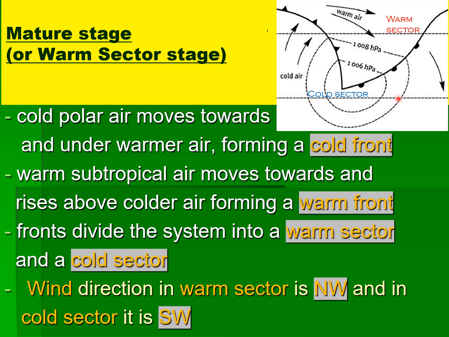It is called the cold sector specifically because that is where all the cold polar air is found. The warm sector is found in the southern hemisphere towards the northern part of the system, and that warm sector contains all the warm air from the subtropical region.